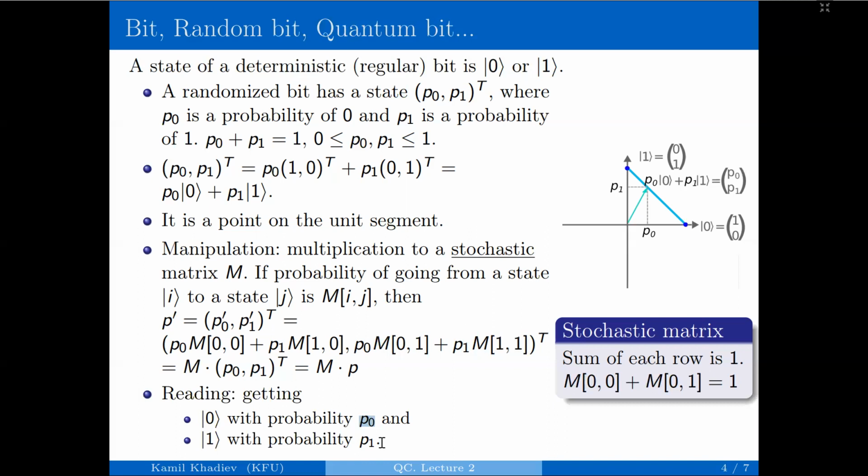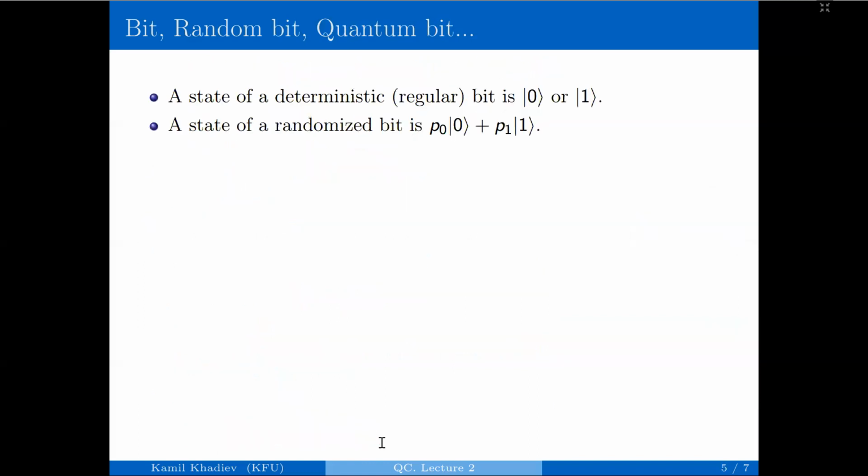A quantum bit is something similar to this random bit, but with small modifications. A quantum bit is also a row vector, and it also has 2 coordinates, A0 and A1.